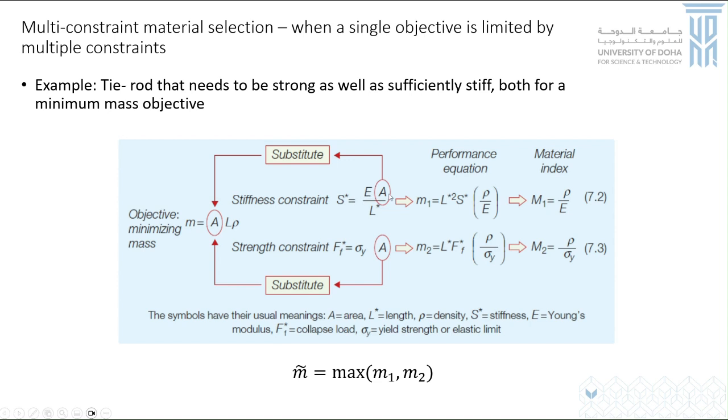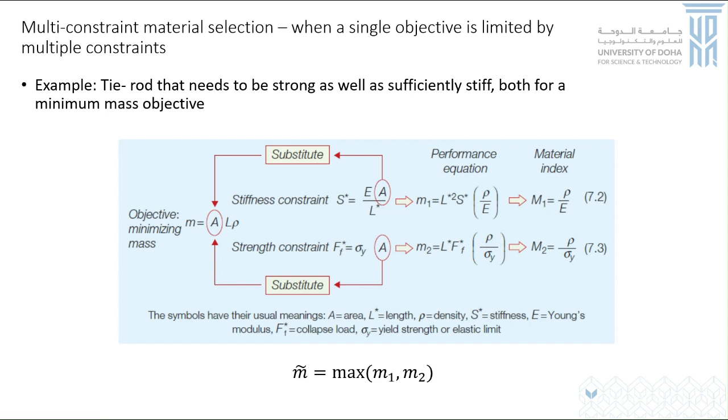So when we substitute this back into the mass equation, we end up with a material performance equation, which is now written in terms of the constraint variable, which is the length squared into S, the stiffness, and then your material index, density over E. Note that in this case I have kept the material index in a minimization format for consistency.